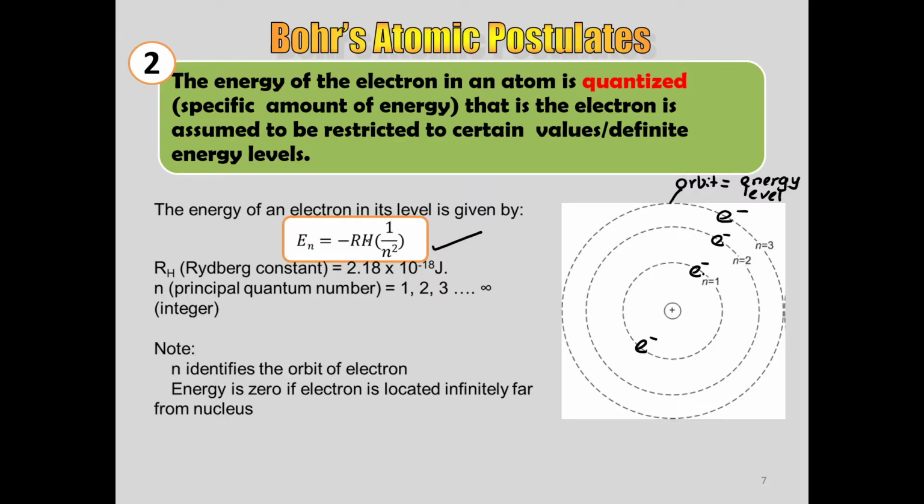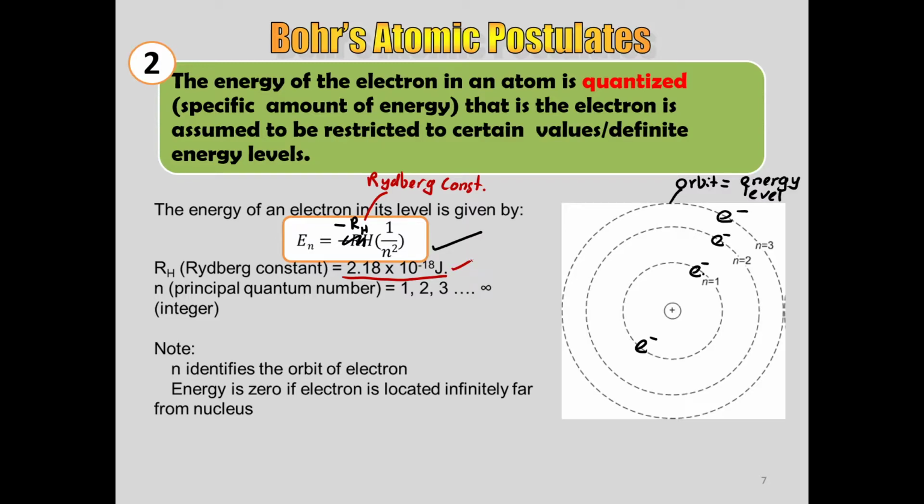Okay, so H ni tolong betulkan kalau salah dalam lecture note, it is negative R small h. Okay, where the RH is Rydberg constant. Rydberg constant, and the value of the Rydberg constant is this one, is 2.18 times 10 to the power negative 18 joules.